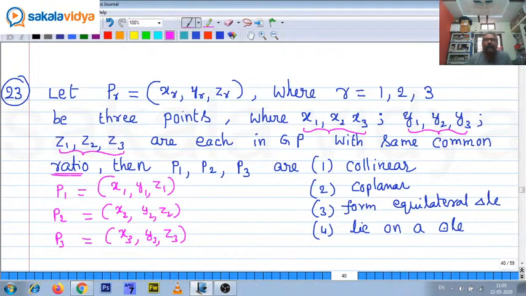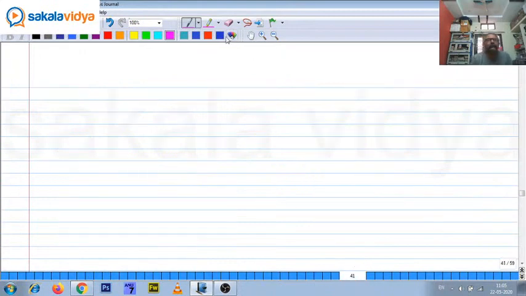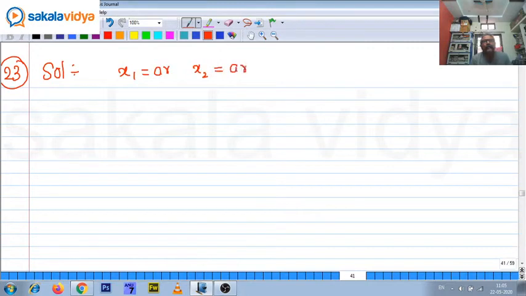Okay, now let us move to the next page. 23rd solution. Let us say x1 equals a r, x2 equals a r square, x3 equals a r cube.